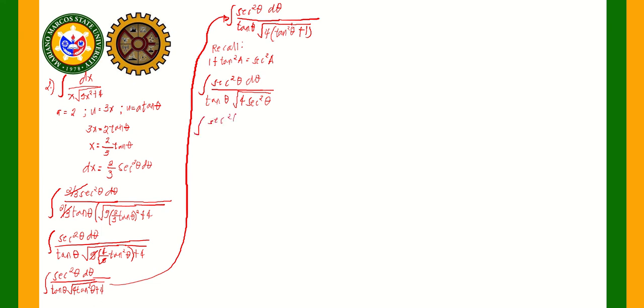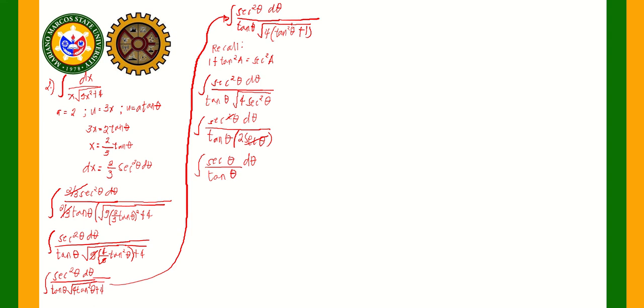So this will be equal to secant squared theta d theta all over tangent theta, and then times 2 secant theta. Okay, since multiplication to, pwede nating i-cancel out si secant theta. So we will be left with secant theta d theta all over tangent theta.